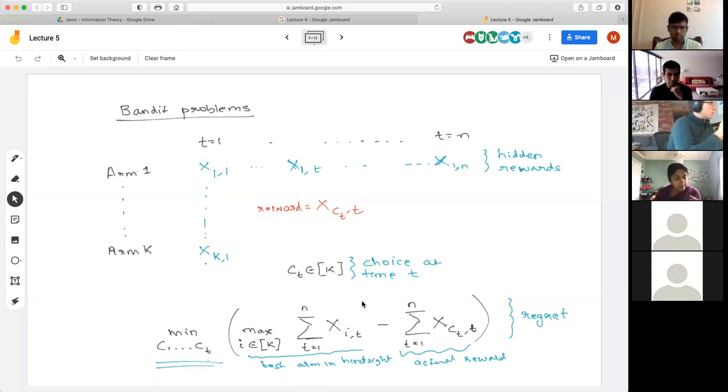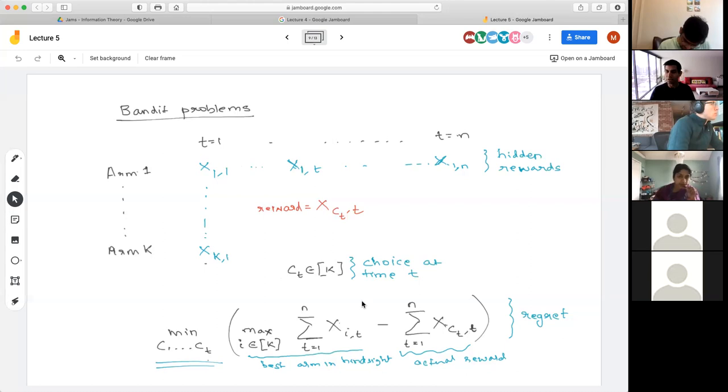And this could be random. The rewards could be random. They don't have to be deterministic. Presumably, any slot machine has some randomness in it, maybe pseudo randomness, whatever. And your choices only depend on what you see. So at step 1, you have to just walk up to the machine and pull an arm. You don't have any information. At step 2, you know what reward you got and which machine you used.